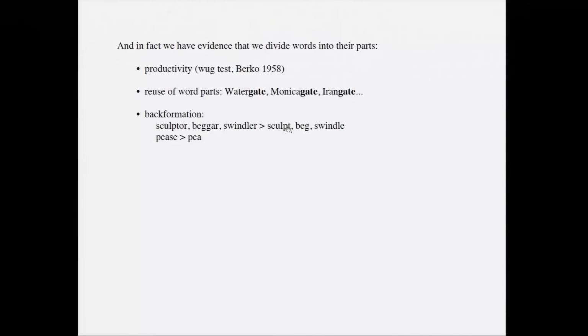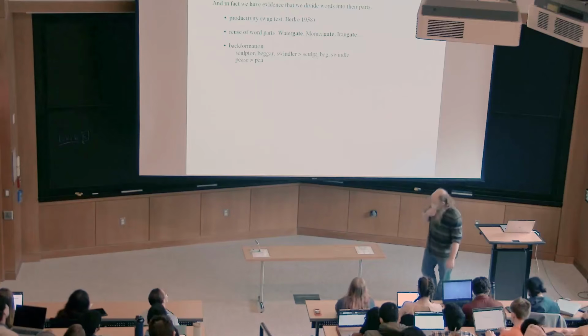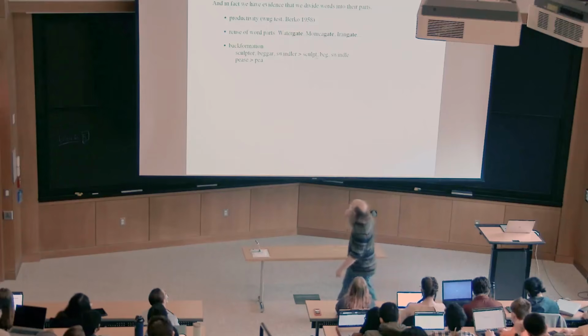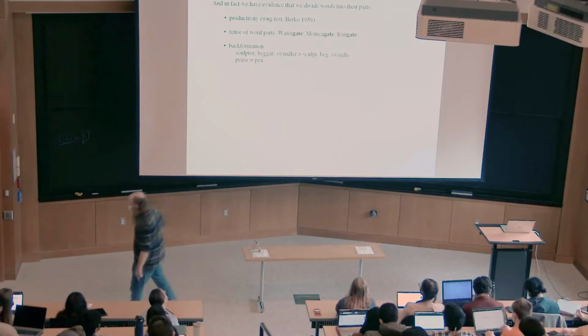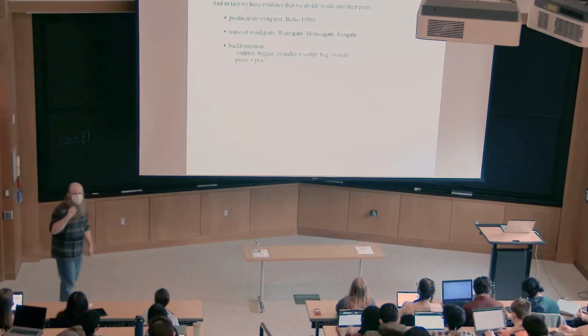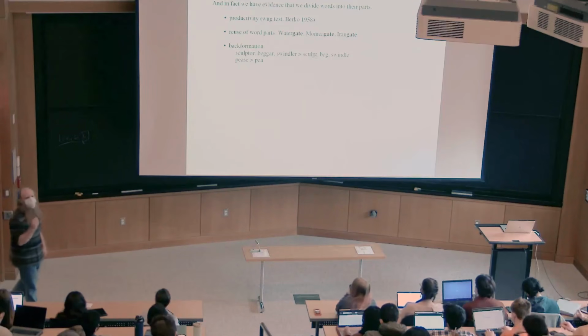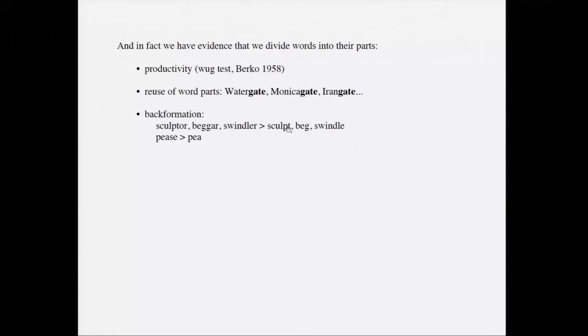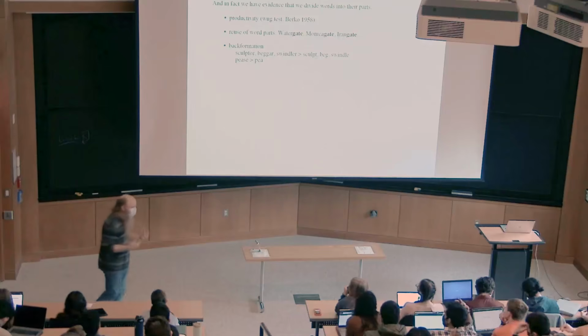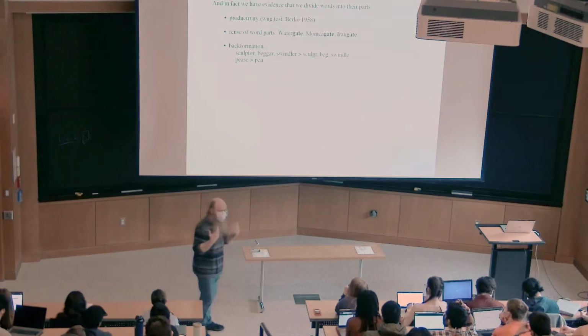Other examples in the history of English are words like sculptor and beggar and swindler, which entered the language as nouns. Sculptor is from a Latin verb. It involves a Latin suffix tor, which is used to create people who do things. And beggar and swindler, similarly, it's an accident that they end in -er.